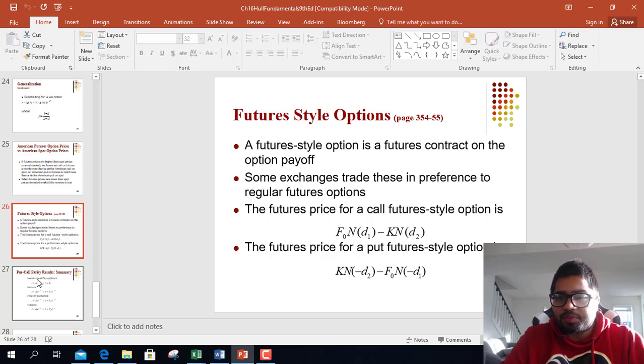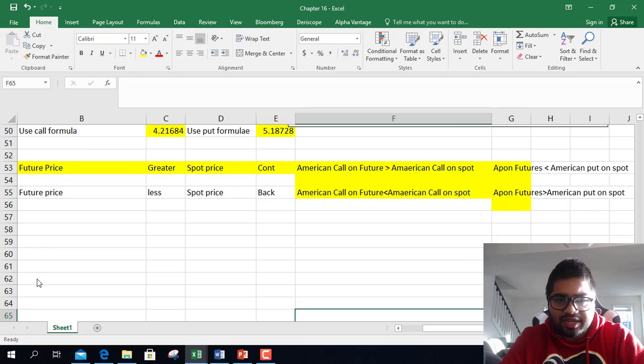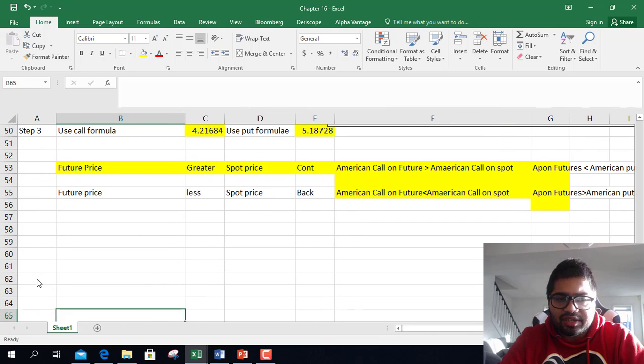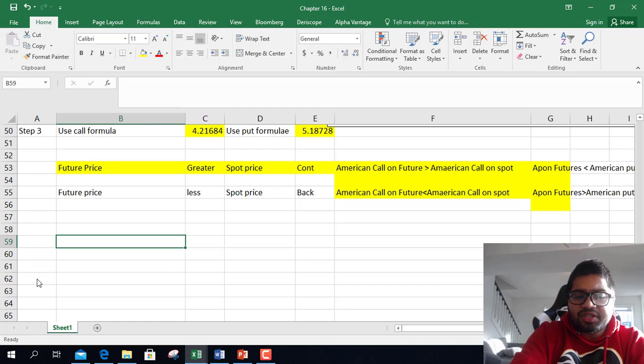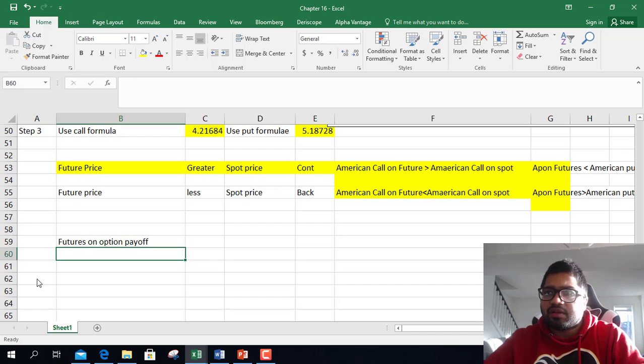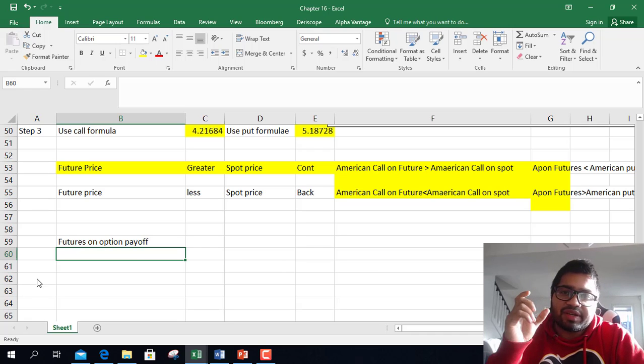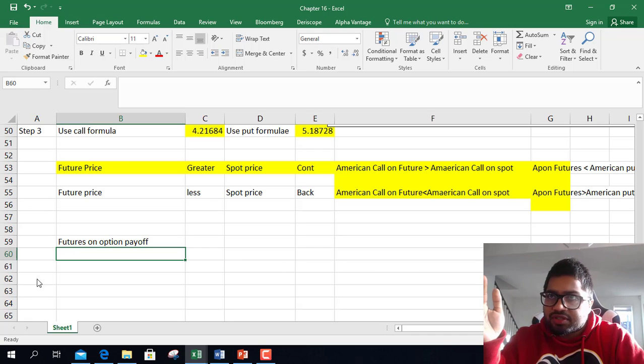So futures-style options, this is even more interesting. Futures-style options are mostly traded on European exchanges. These are the opposite of what we have discussed now. These are futures on option payoffs. Earlier we discussed options on futures, right?